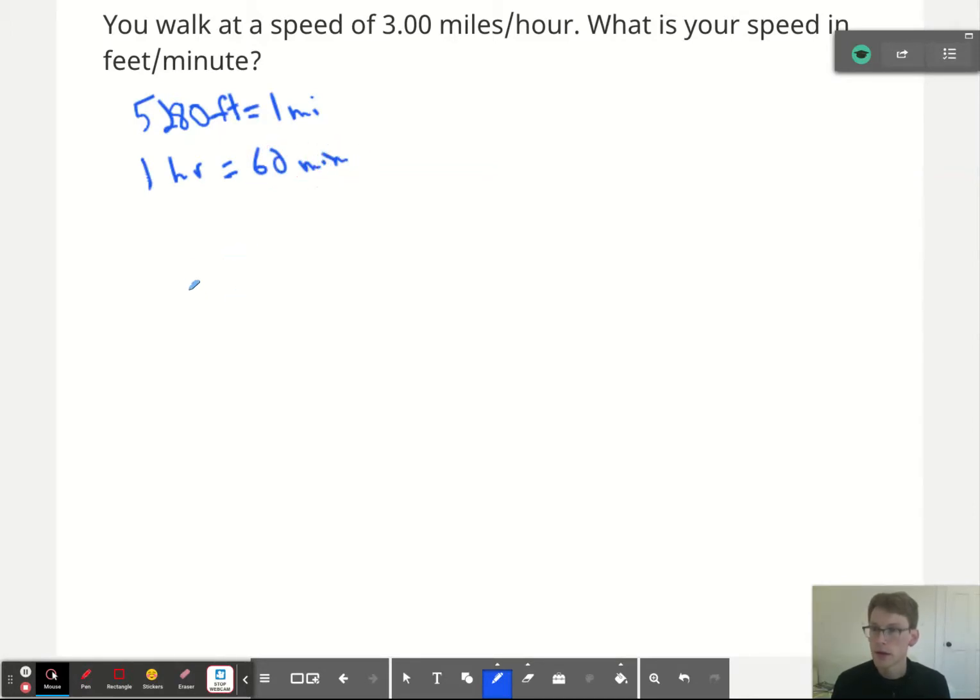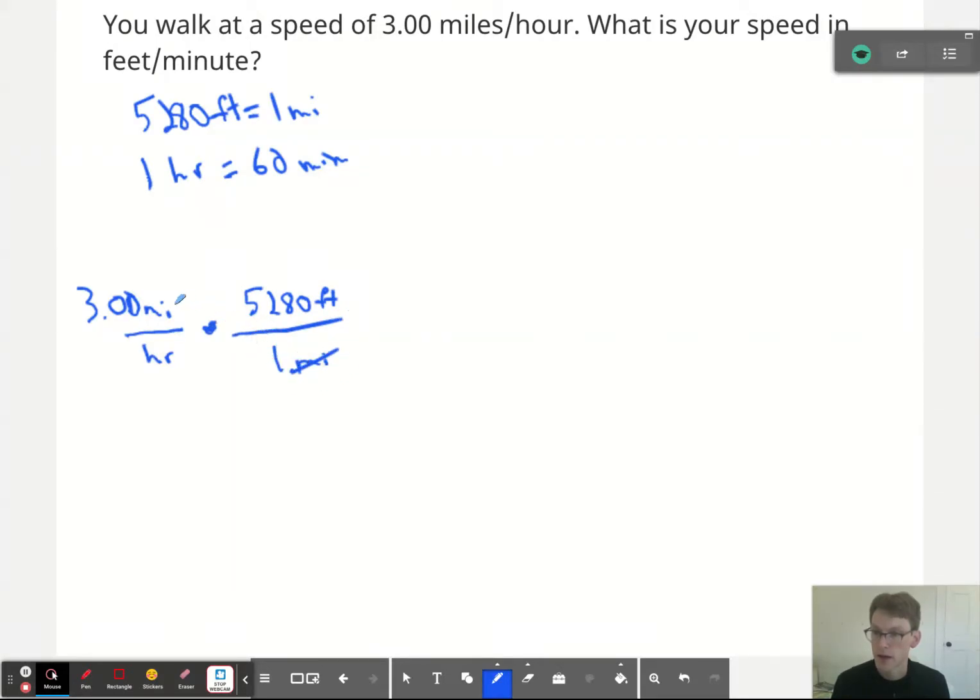So what we can do here is say we have 3.00 miles per hour. Let's fix the distance part of this first. Let's get rid of the miles and convert it to feet. So we will multiply it by 5,280 feet for every 1 mile.